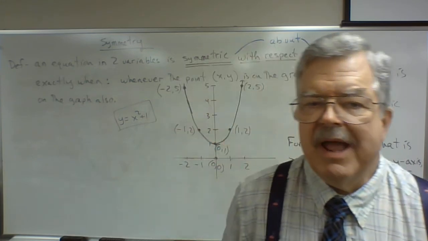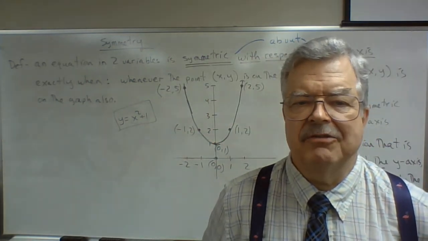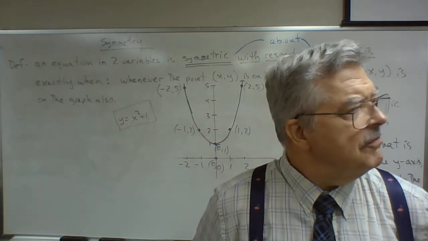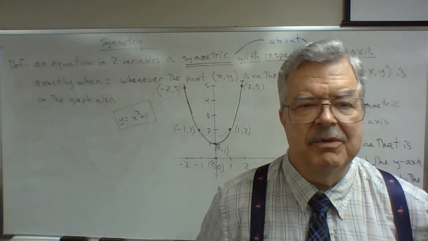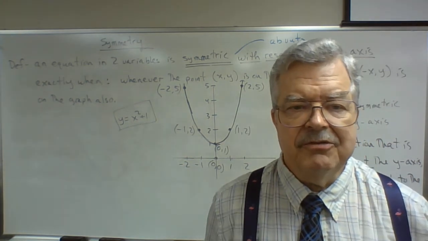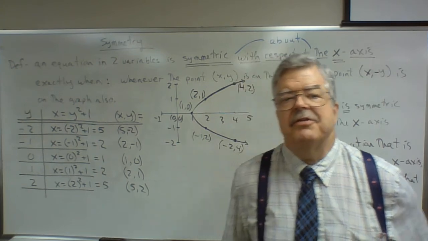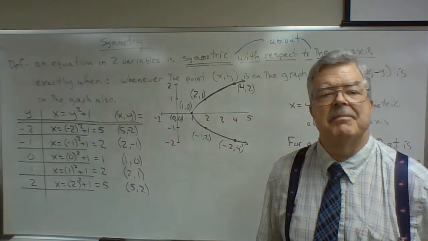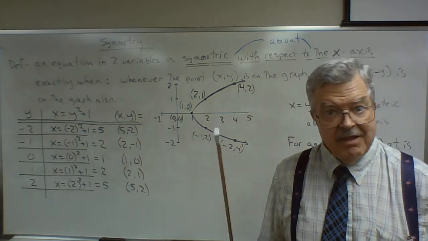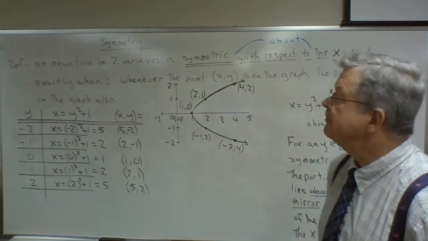Well, if the graph of an equation can be symmetric with respect to the y-axis, could the graph of an equation be symmetric with respect to the x-axis? The answer is yes, and we'll look at that. If there's such a thing as symmetry about the y-axis, there's also such a thing as symmetry about the x-axis.